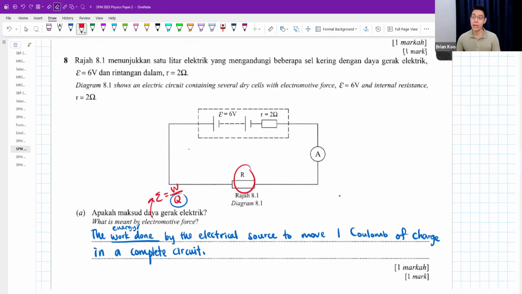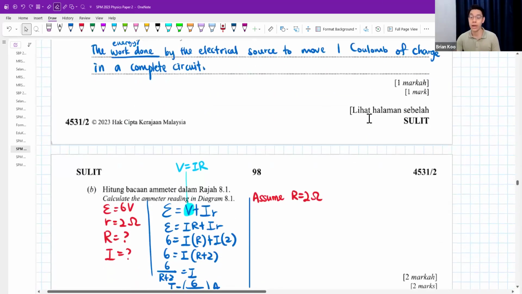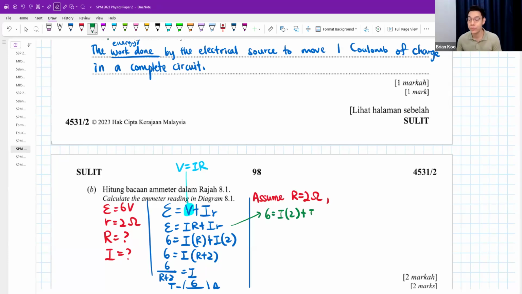Some people say, since this one is 2, I also assume it's 2 lah. And I can show you how it works. We do like this, using this formula. e.m.f is 6. Everything is the same, just that big letter R is 2. So I times 2 plus I times 2. 2I plus 2I equals 4I. 6 over 4 is the current, which is 1.5.